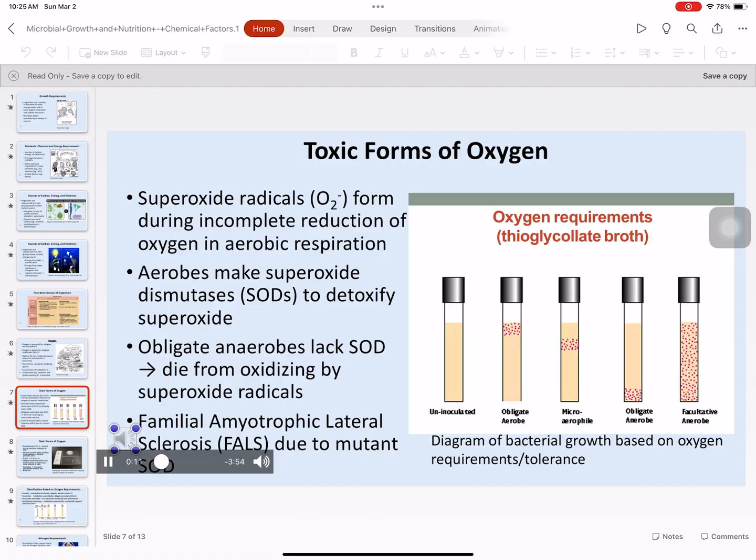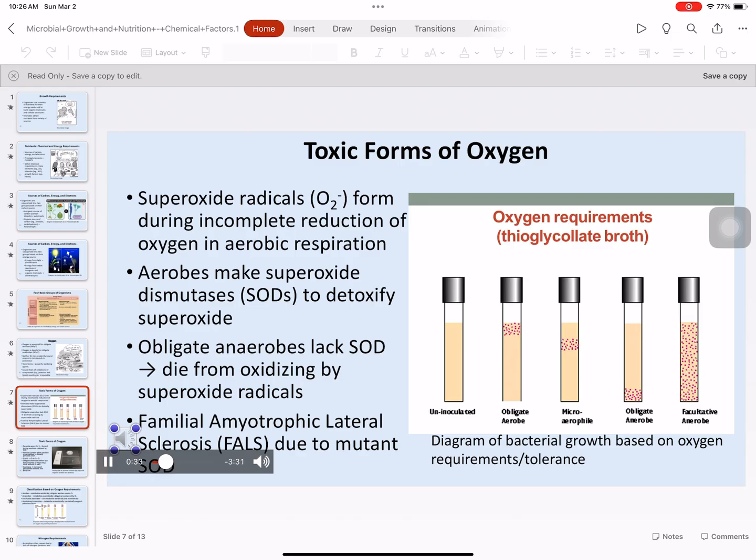If you've been thinking about it, of course, we're obligate aerobes. We absolutely require oxygen because we use oxygen as the terminal electron acceptor in our electron transport chain.